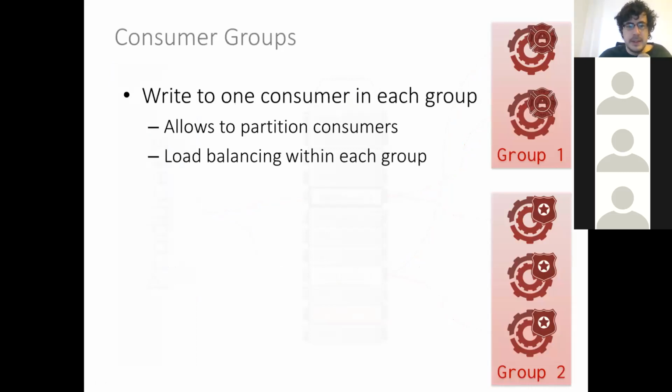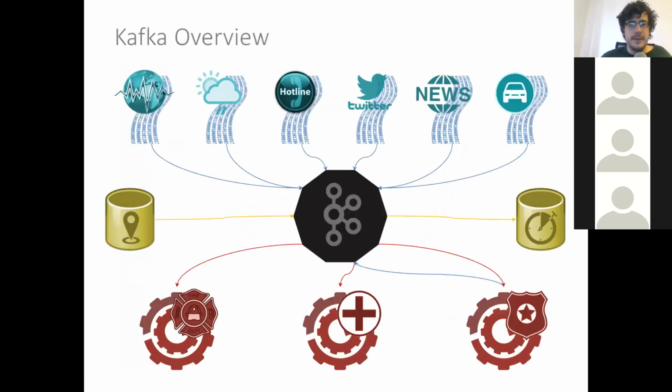Okay, so consumer groups. We also spoke at the start about the idea that producers can be consumers, and we can also have databases. And also the idea that, for example, a consumer can also be a producer.